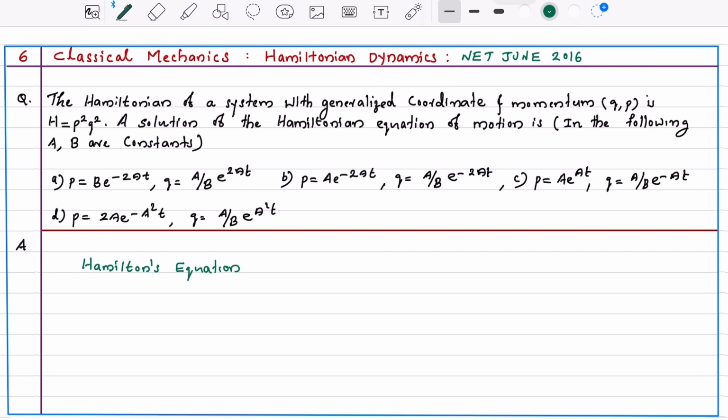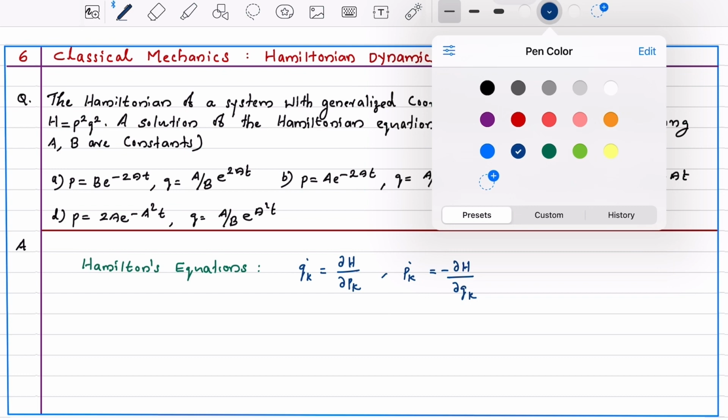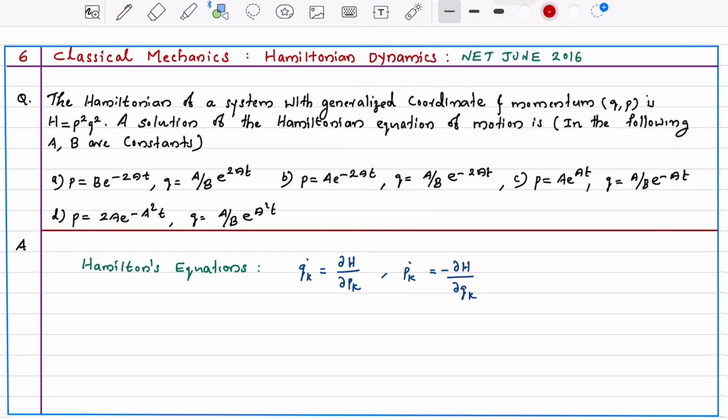Hamilton's equations, that is q_k dot is equal to dou H by dou p_k, then p_k dot is equal to minus dou H by dou q_k. These are Hamilton's canonical equations.